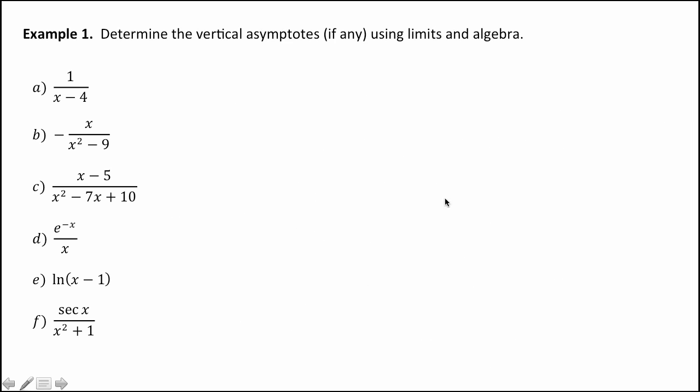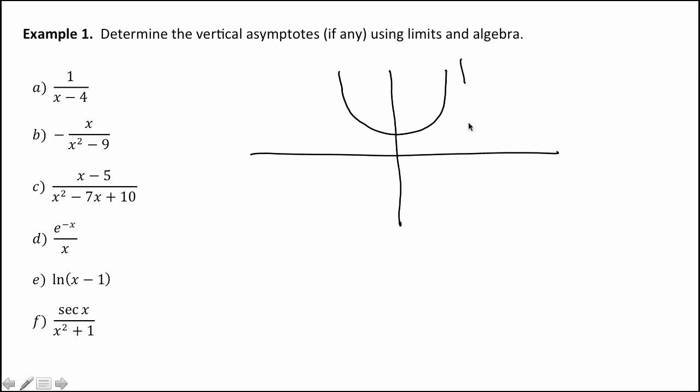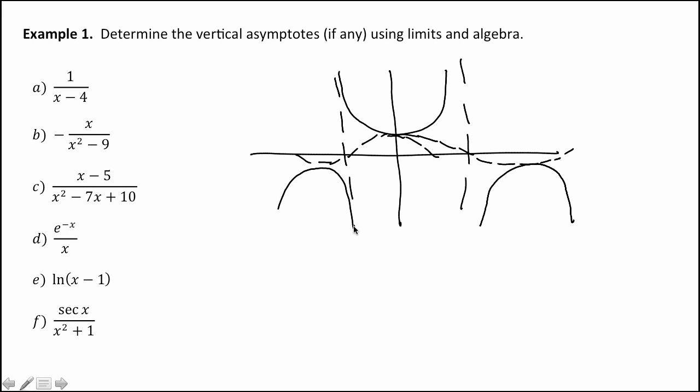Now, if you, of course, knew what the graph of secant looked like, you can also determine this, right? So if you were to draw the graph of secant, it would look something like this, with these U's and upside down U's, and this is going to be at pi over 2.